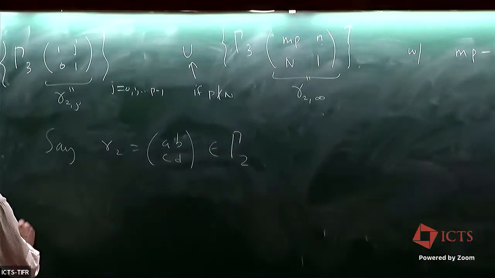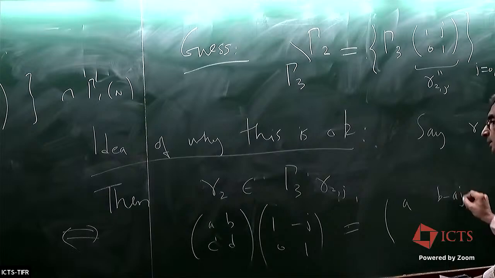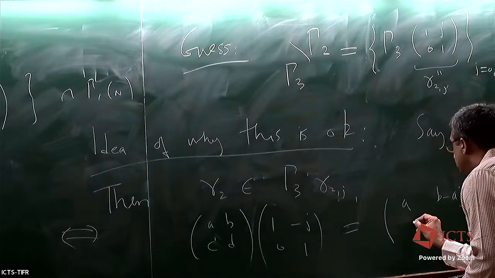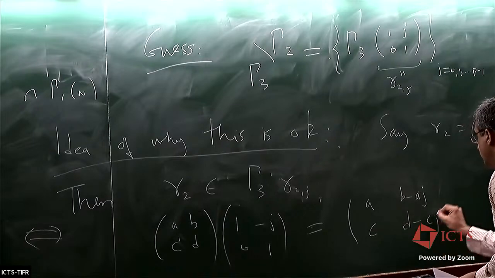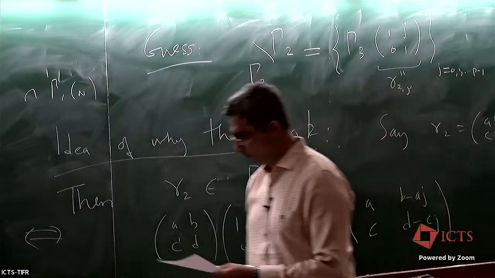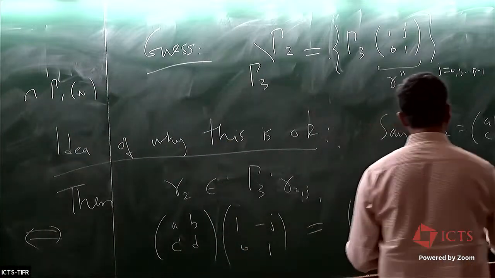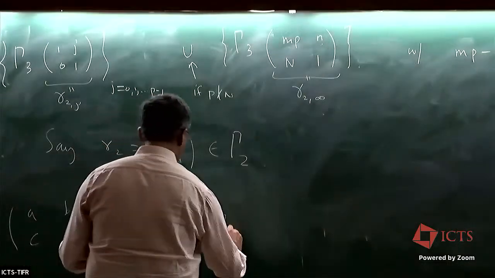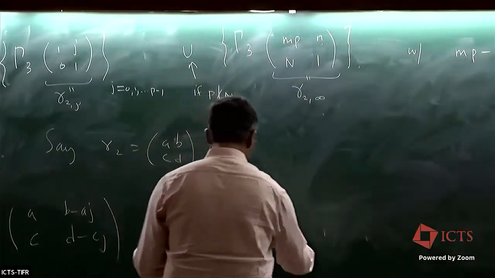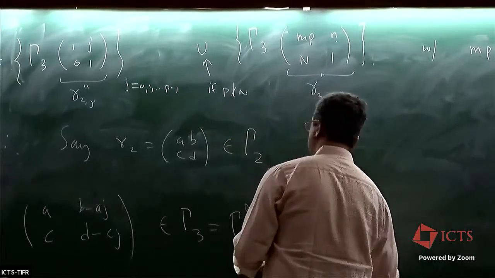So this gives me A, B minus AJ, C, please check my work, D minus CJ, belongs to gamma 3, which we recall is now gamma naught P intersected with gamma 1N.